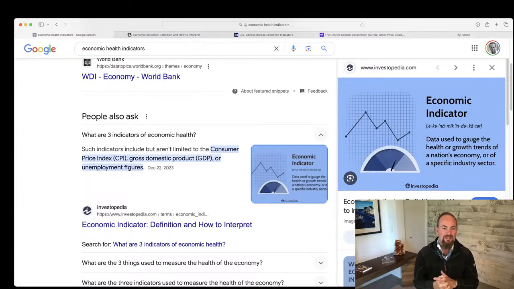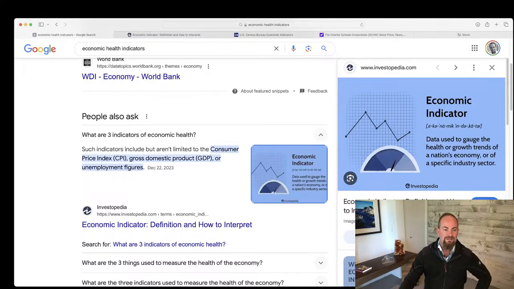So there are essentially two indicators that help guide the decision making and trajectory, like putting resources to work in the equity markets. And those are leading and lagging economic indicators.